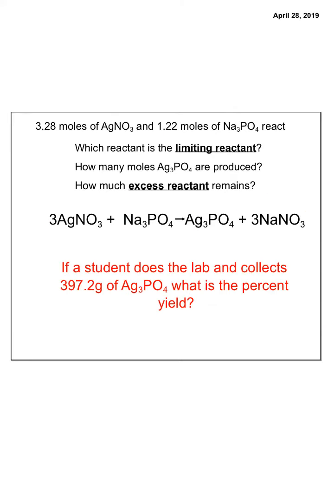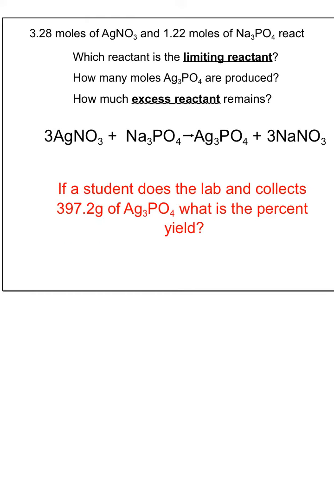All right, same problem, but now I'm adding a different thing. A student does the lab and collects 397.2 grams of Ag3PO4, and I want to know what this kid's percent yield is. So what we need to know for percent yield is probably a formula that would be helpful. So percent yield is equal to the actual yield divided by the theoretical yield.